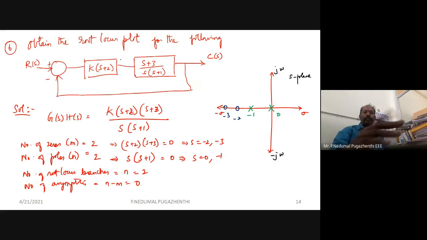So there are equal numbers of poles and zeros, so you don't need an asymptote or a centroid, because root locus is nothing but the branch, the variation or the path taken by the roots or the poles, from an open loop pole, and it will end at an open loop zero. So we have equal numbers of poles and zeros here, so every root locus branch which starts from a pole will end at a finite zero. So there is no need for a guiding line, no need for an asymptote.